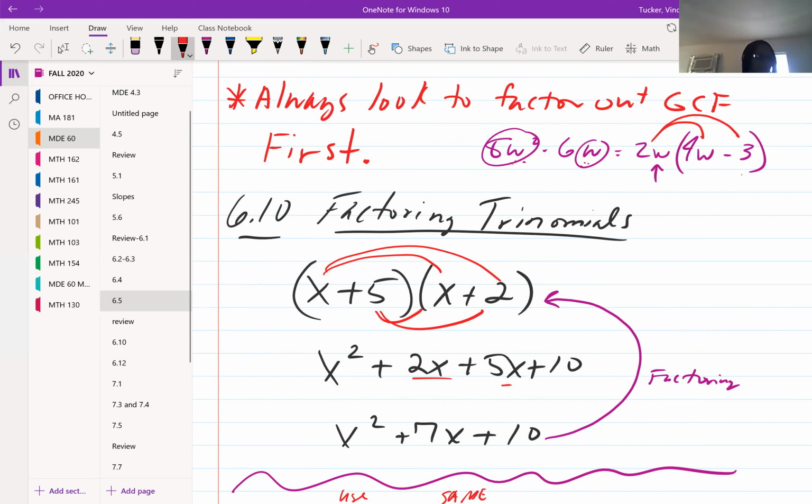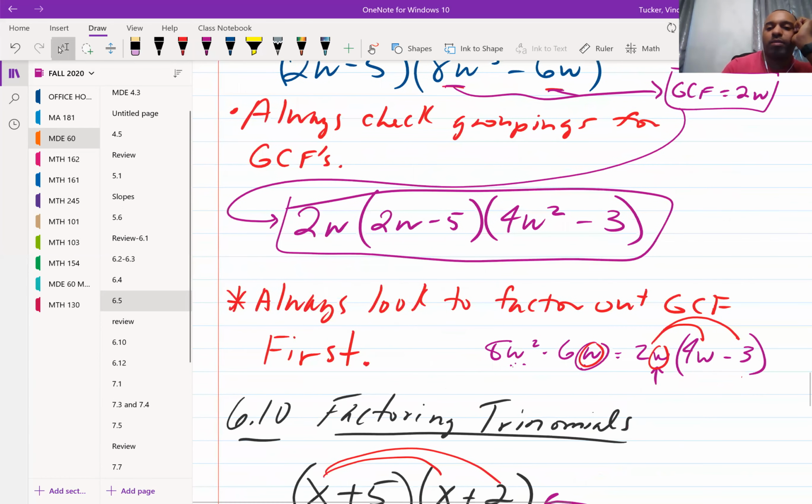Yeah, just getting used to the process. See, this W and this W is the same W. So 2W times 3 will give me 6W. Okay. All right. I got it. Thank you. Yep. And that's all that was right here, is just emphasizing that part of the process.